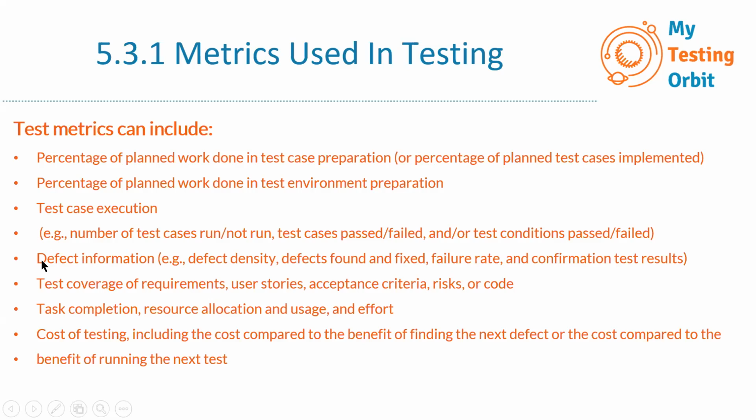The next one is defect information. For example, defect density, defects found and fixed, failure rate, and confirmation test results.